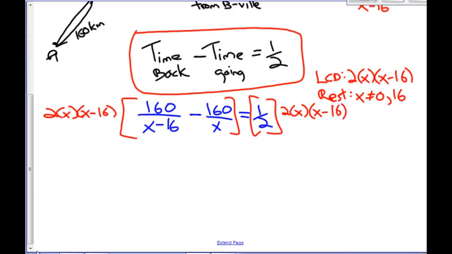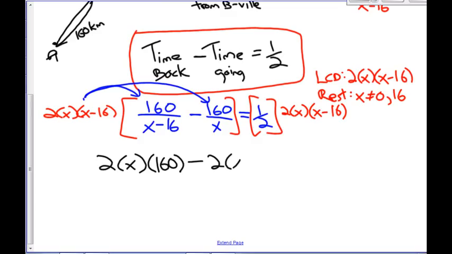What does it leave us with? Well, on this side, the x minus 16s are going to divide out. So we'll have 2 times x times 160 minus the next one, the x's are going to divide out. So that'll be 2 times x minus 16 times 160.